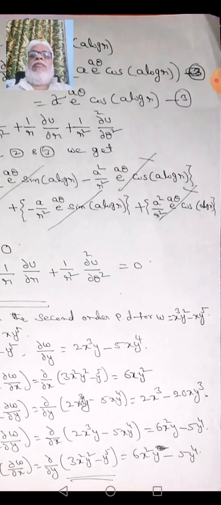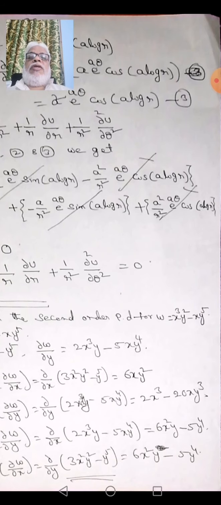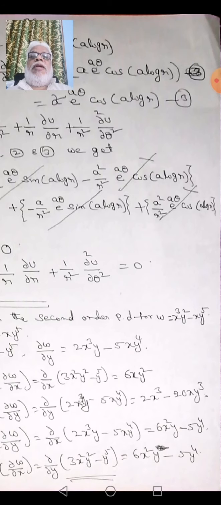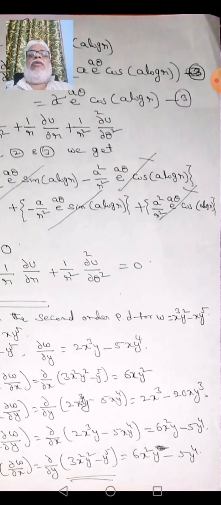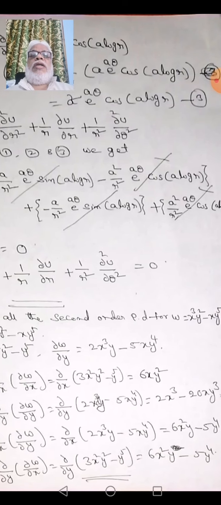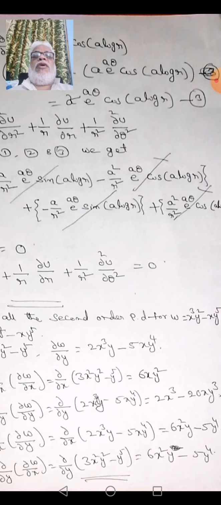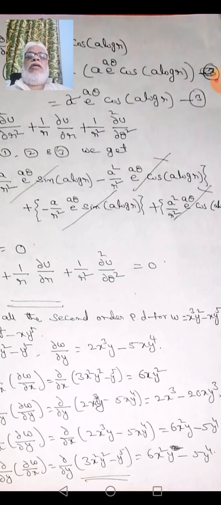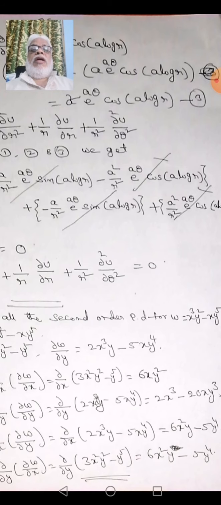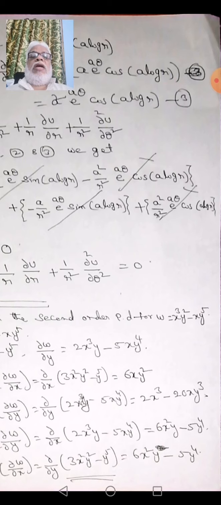Plus 1 by r dou u by dou r, which is minus a by r square e power a theta sin a log r. Plus 1 by r square dou 2u by dou theta 2, which is a square by r square e power a theta cos of a log r. This is the third equation.